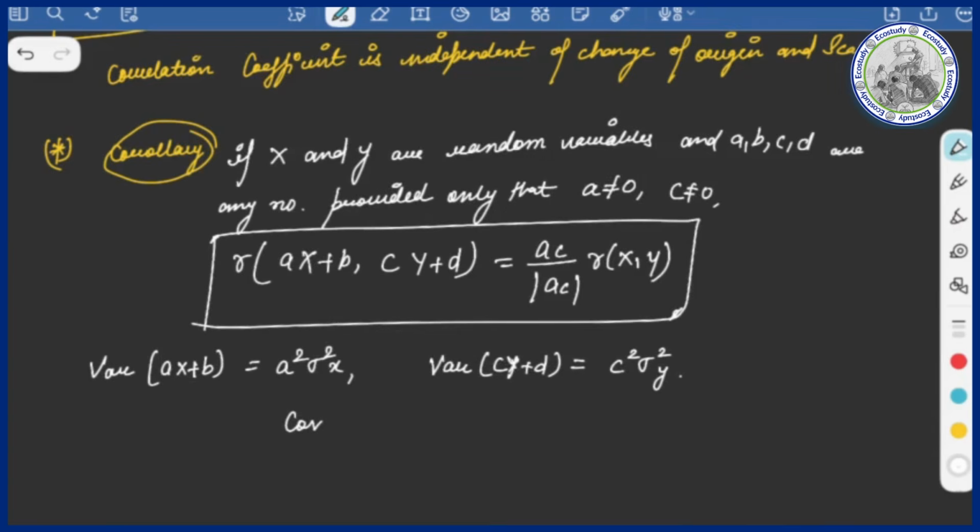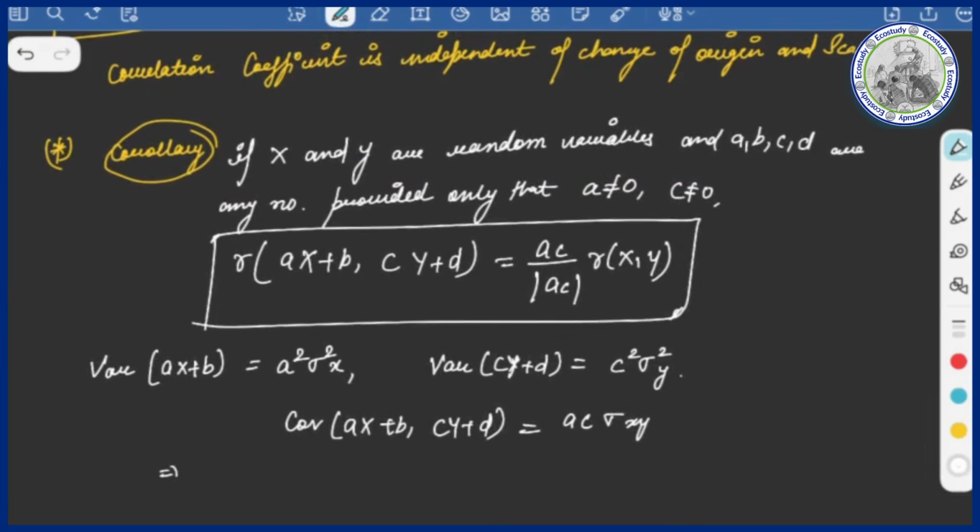Now covariance of ax plus b and cy plus d. This formula I have described in the covariance lecture, so I will write it here directly: ac sigma xy.